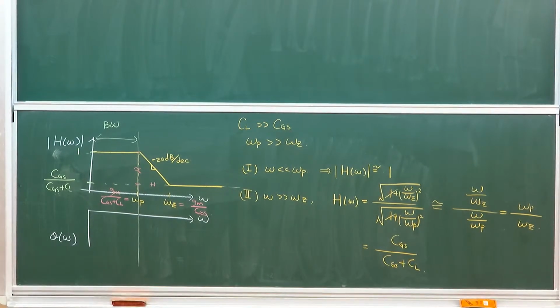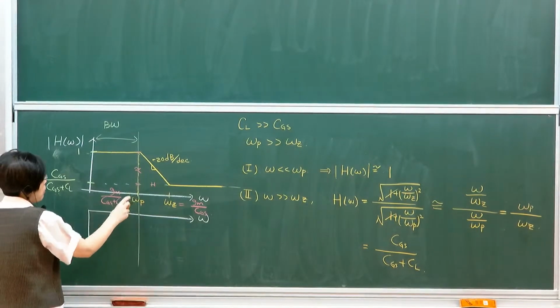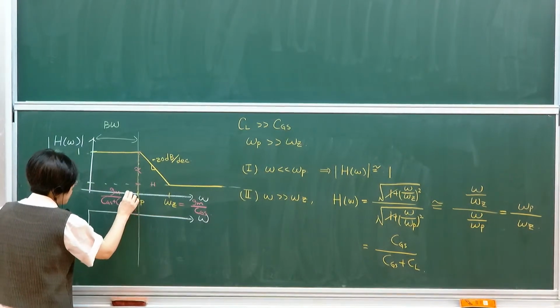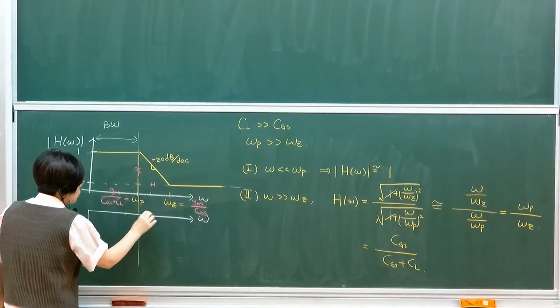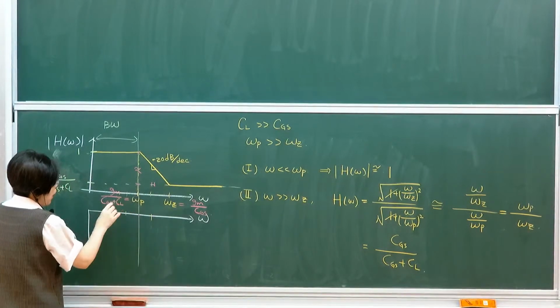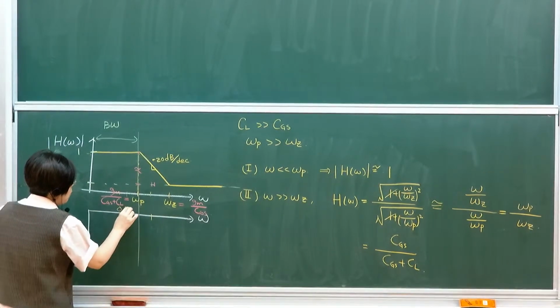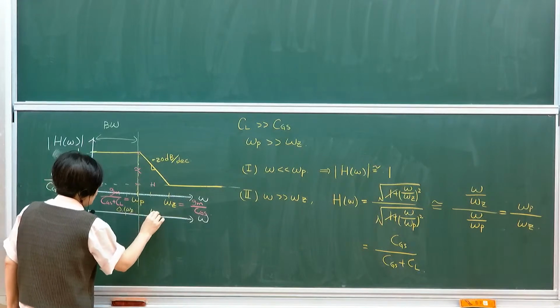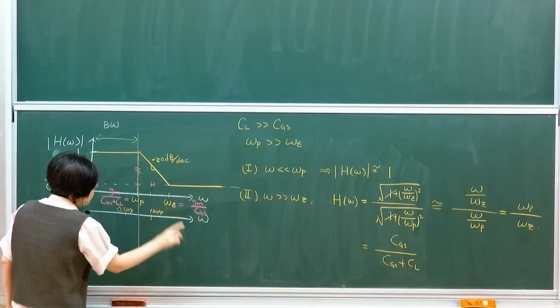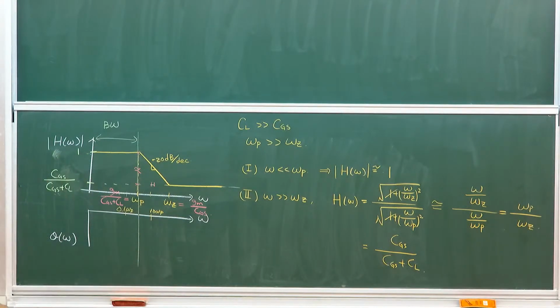So if we do the phase domain changes, you want to make sure that it actually starts to degrade or change within maybe 0.1 omega p to 10 omega p. So in this case, we assume that your poles and zeros are further apart so that they wouldn't affect each other.